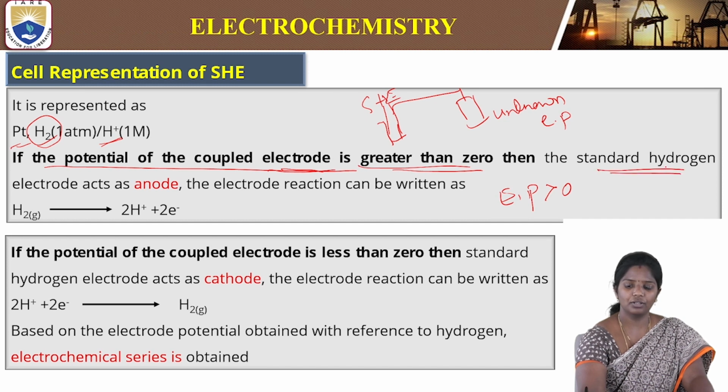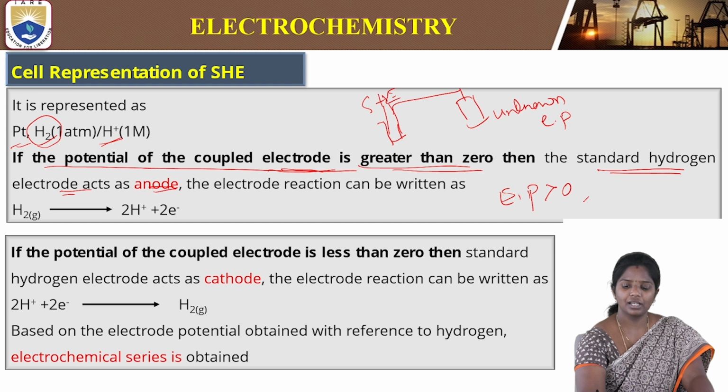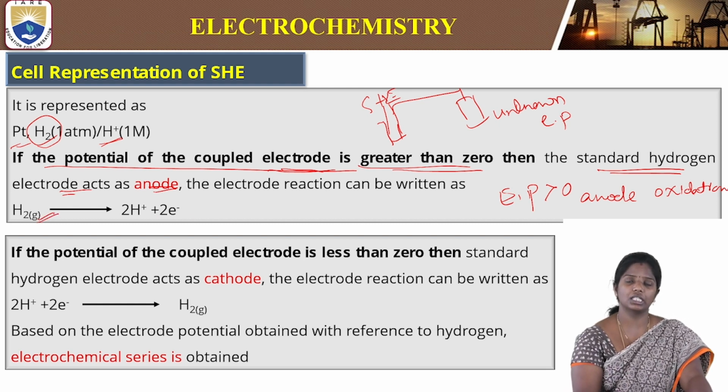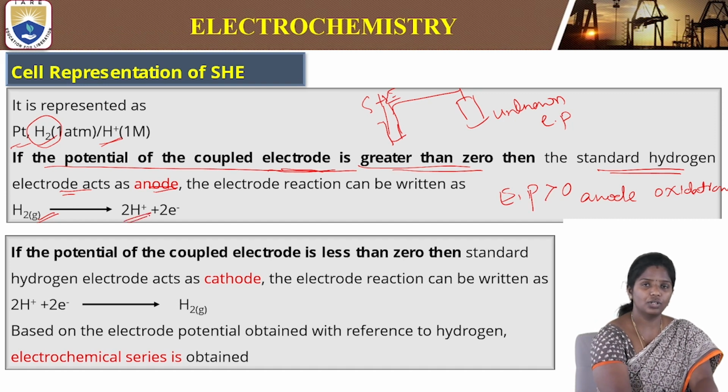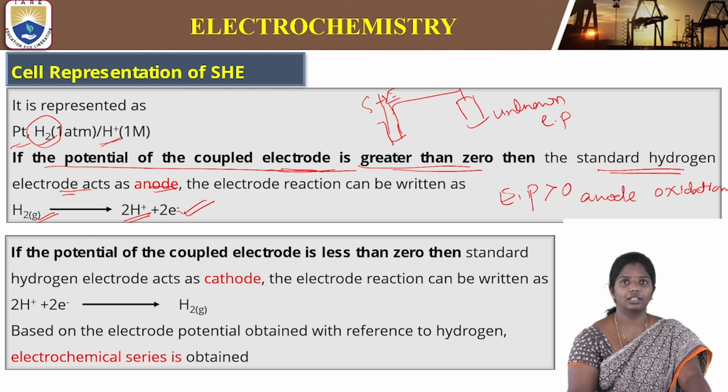Then the standard hydrogen electrode will act as anode. So oxidation takes place. The H2 gas passing through this electrode will convert to 2 H+ ions, and 2 electrons are given out.